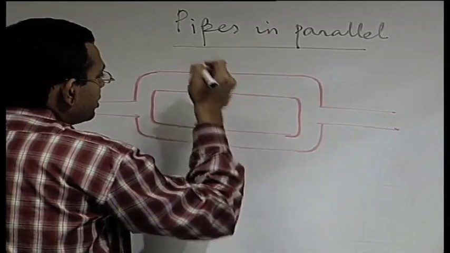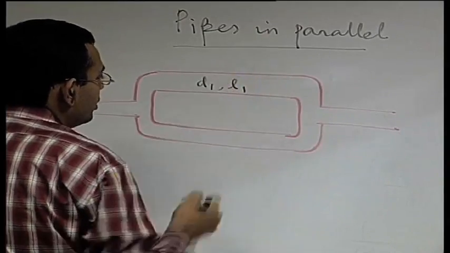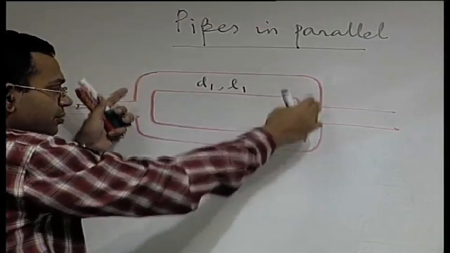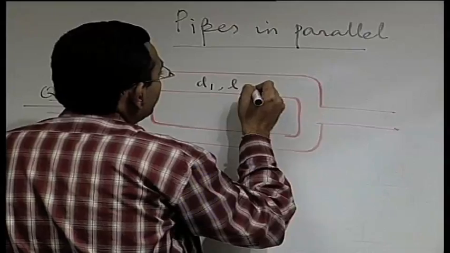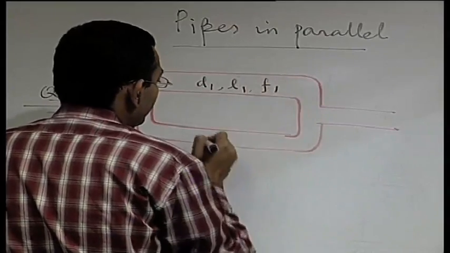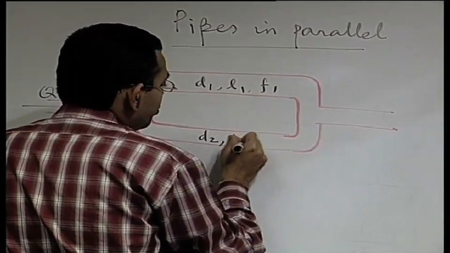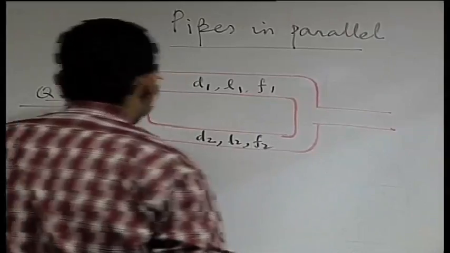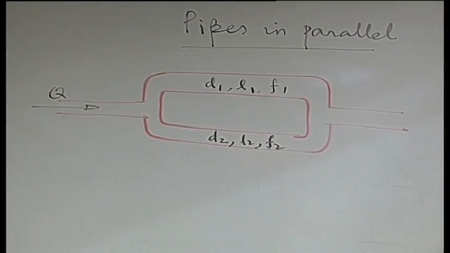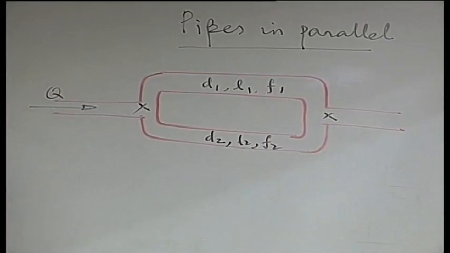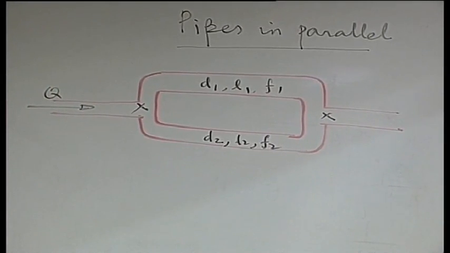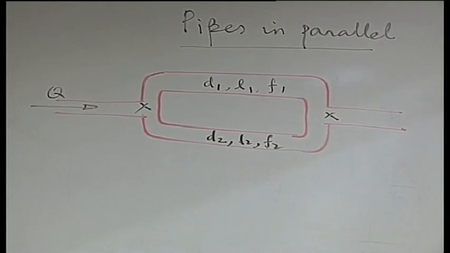The first has diameter D1, length L1, where length L1 means not just the straight portion but also the curved portion, all taken together, and friction factor F1. The second pipe has D2, L2, friction factor F2. Both pipes are connected across these two points shown as crosses.